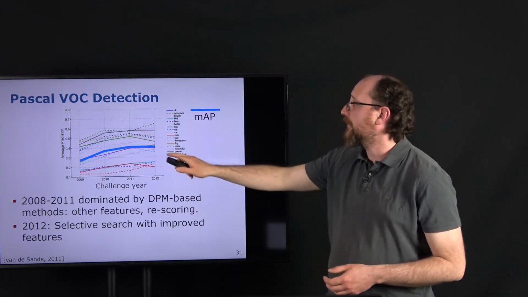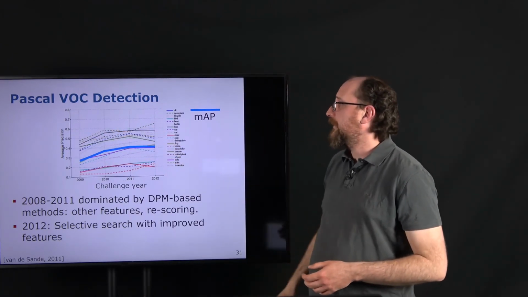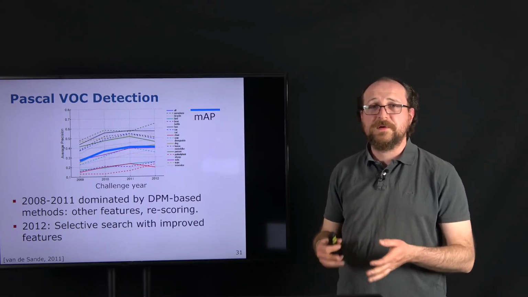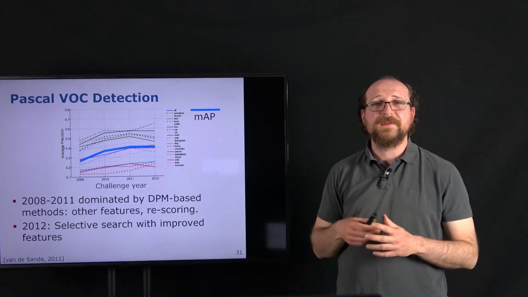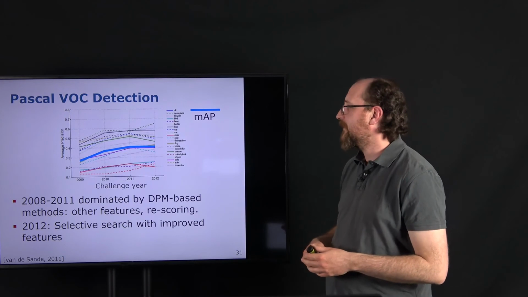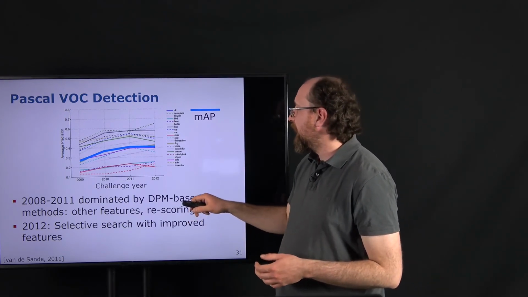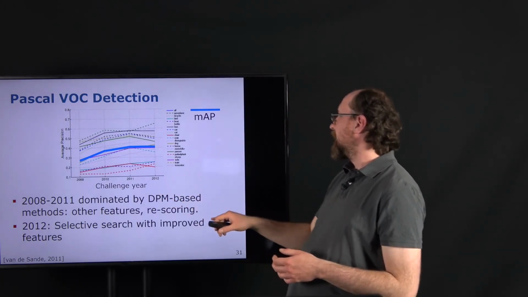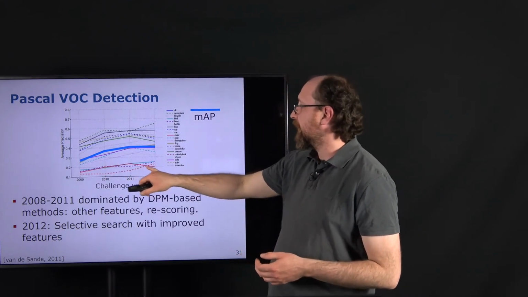You can see here, for instance, that the class aeroplane is basically not so complicated, which is maybe explained because aeroplanes are usually the only thing that happens in the image, and then it's very easy to distinguish, okay, there's something happening or not. And some more complicated classes, like here the boat class, for instance, was very complicated, but also chair.